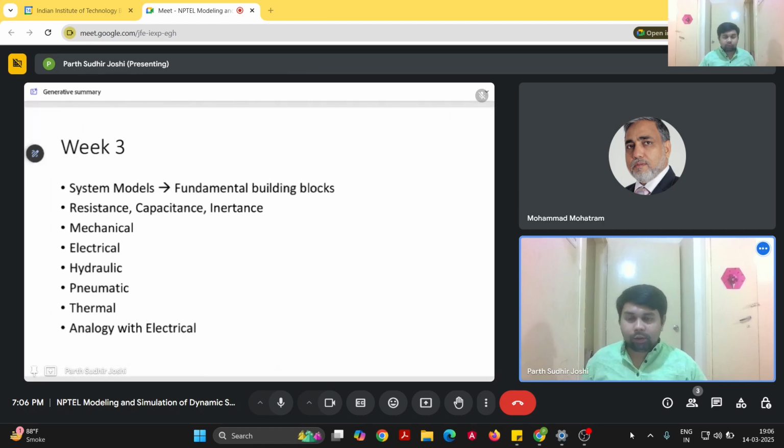This week's content focuses on the fundamental building blocks for each type of system: mechanical, electrical, hydraulic, pneumatic, and thermal. We visualize them as resistance, capacitance, and inertance for each type of system, and then try to establish an analogy with the electrical counterpart.